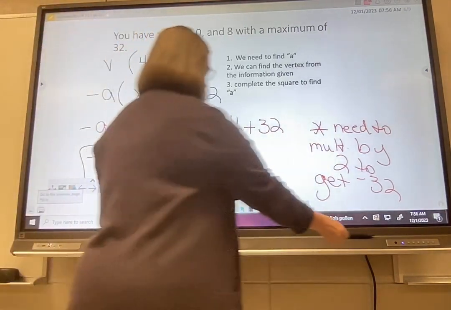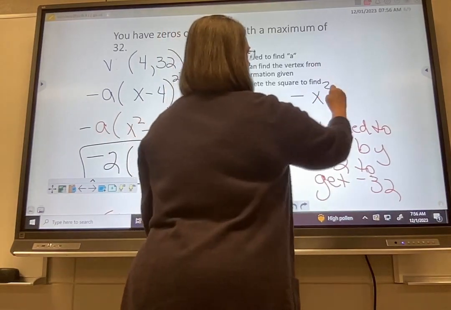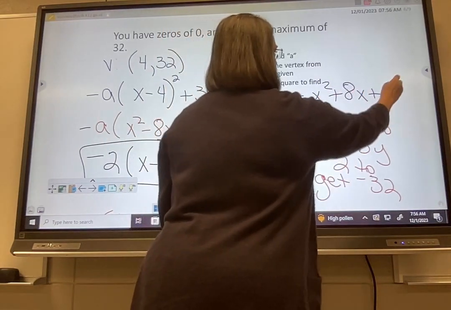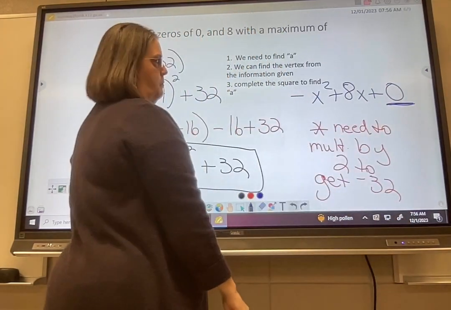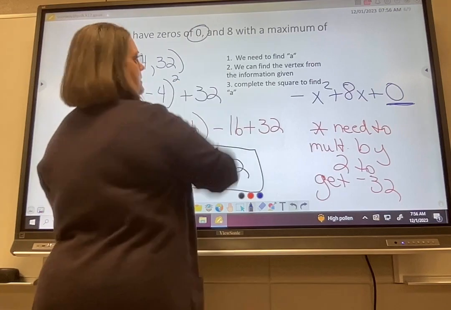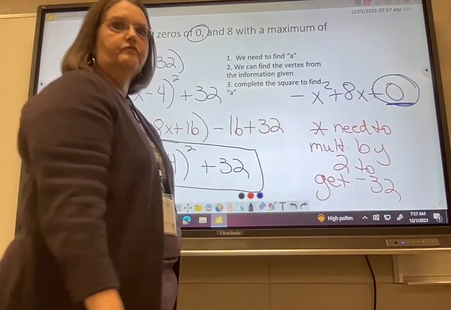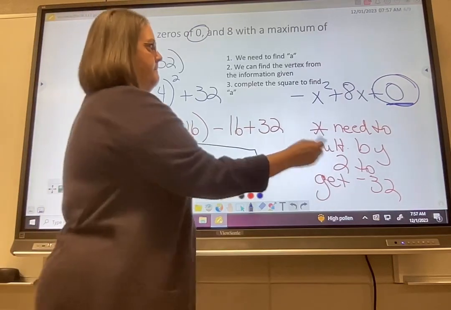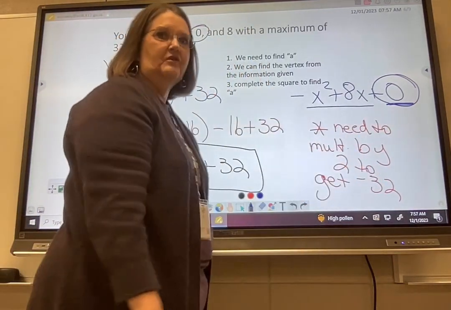So I know that my equation is this here. I don't have anything there. I've got a 0 because I'm going through the point (0, 0), because this part, remember, gives me my y-intercept from another lesson. But I do know that this right here doesn't give me a maximum of 32.